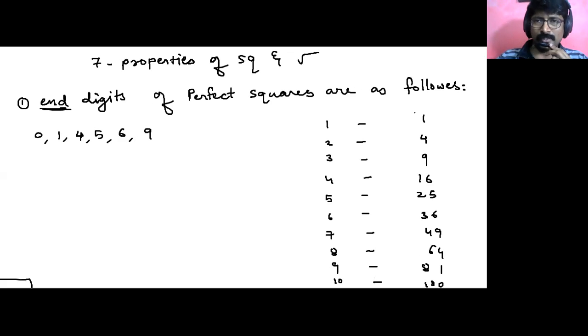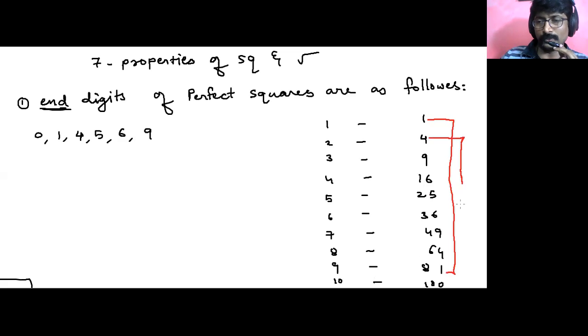There is a relation between 1 and 1, 4 and 4, 9 and 9, and 6 and 6. So these are the only unit places. There is no 2, no 3, no 7, and no 8.